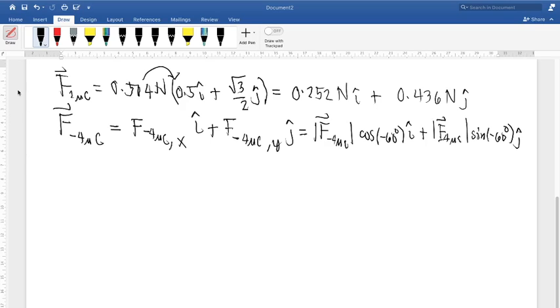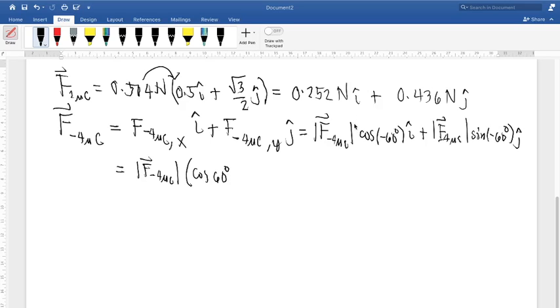So again, since magnitude is common to both terms, we can put it outside the expression. So we have force of the negative 4 microcoulomb, but what is the cosine of negative 60? So since cosine is, as you recall sa inyuhang trigonometric function, if we get a cosine of a negative angle, that is actually equal to cosine lang gihapon, meaning cosine of negative 60 is equal to cosine of 60 degrees.